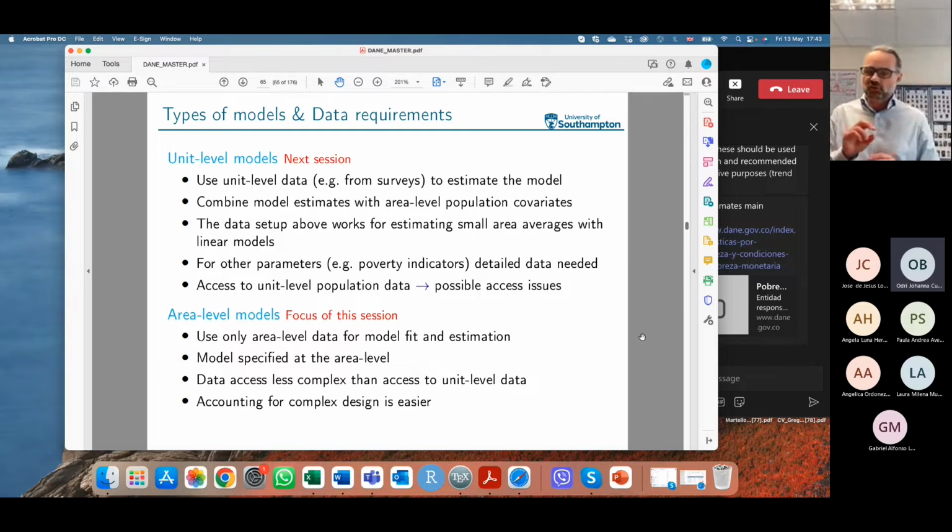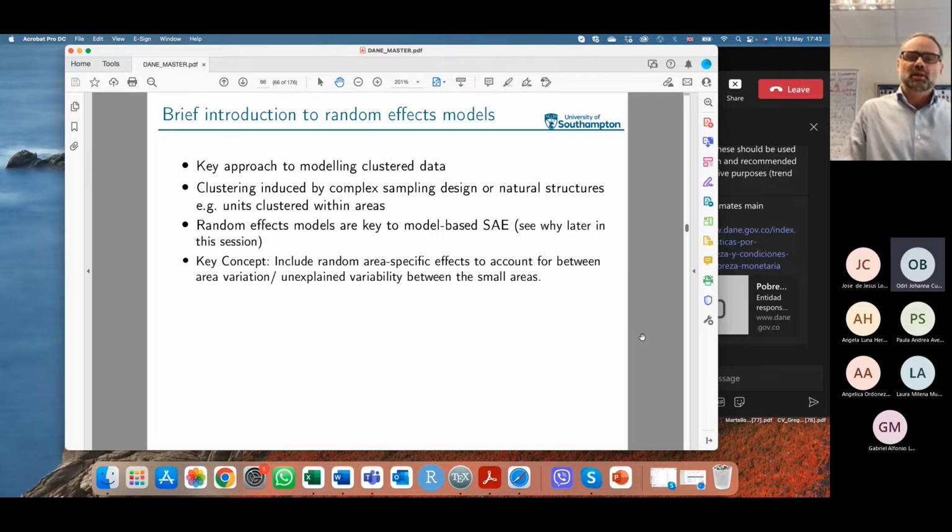But there are other issues, and as we go through the basic area level model that I'm going to present, you will see that there are other assumptions that we have to make in order to allow this model to be estimated. And these assumptions sometimes are quite strong assumptions.